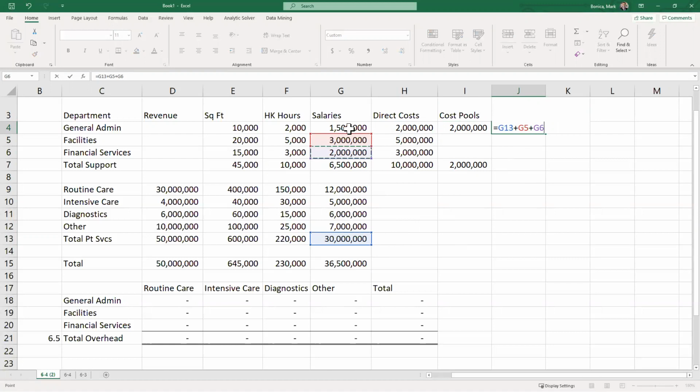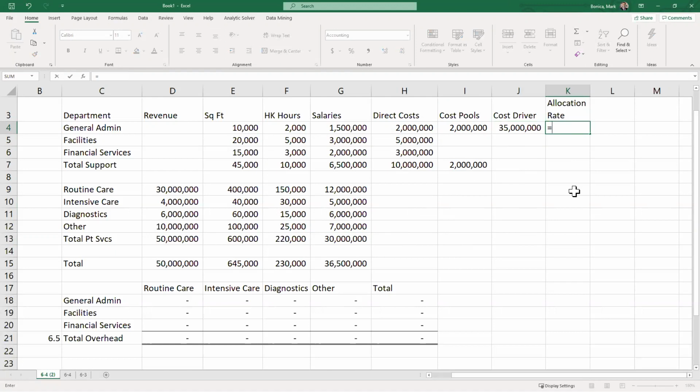Now notice I'm not counting general administration's salary, so be careful not to do that, right? Because we're allocating general administration, we don't need to add their salaries in, or that'll throw off the calculation. So the cost driver this time, instead of being the 30 million, is actually going to be 35 million.